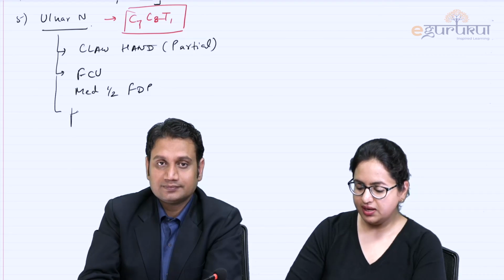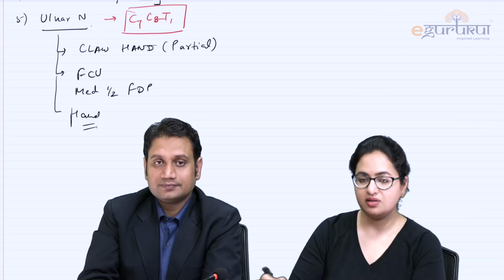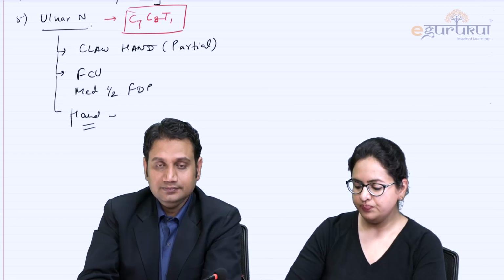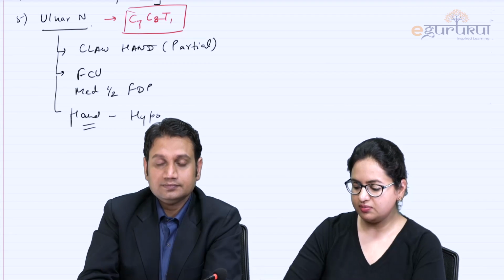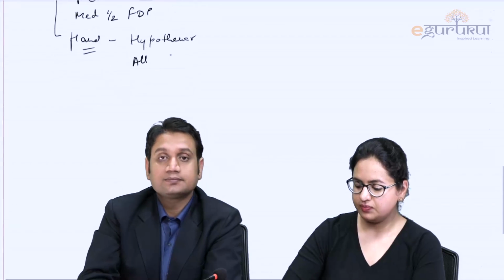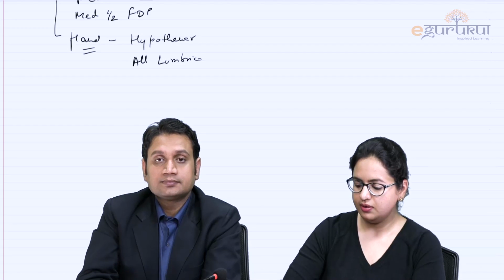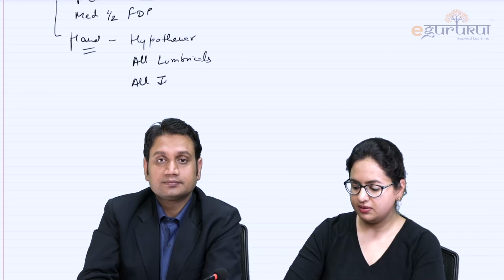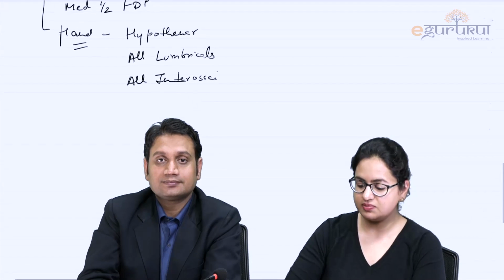And when we talk about the hand, this is the nerve which is supplying most of the muscles of the hand. It is supplying all the hypothenar muscles. Then it supplies all lumbricals. It supplies all interossei. As well as it supplies the palmaris brevis.